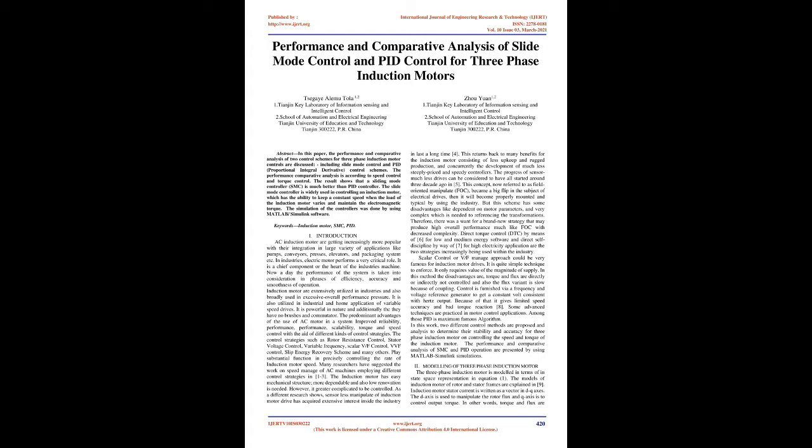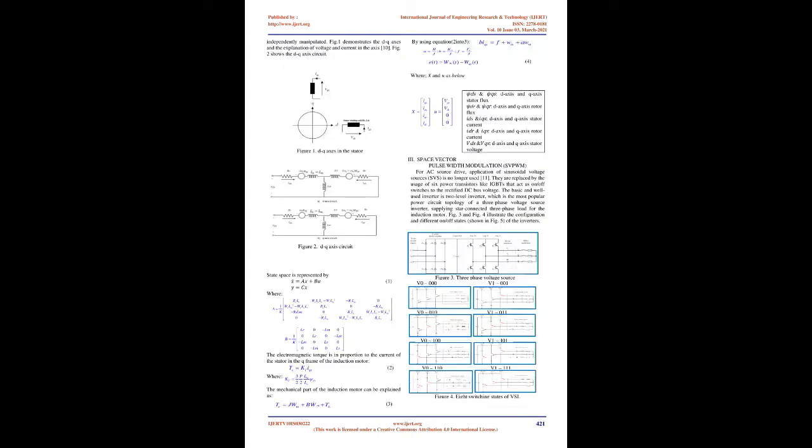Control strategies such as rotor resistance control, stator voltage control, variable frequency, scalar V/F control, VVF control, slip energy recovery scheme, and many others play a substantial role in precisely controlling the speed of the induction motor. Many researchers have reported work on speed control of AC machines employing different control strategies in 1 to 3.